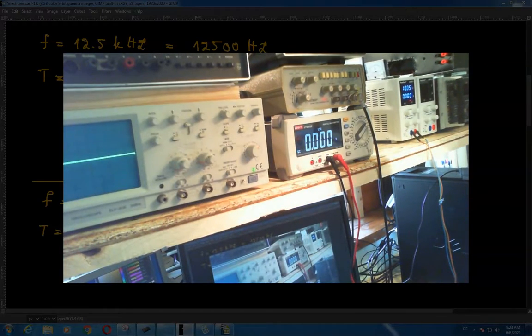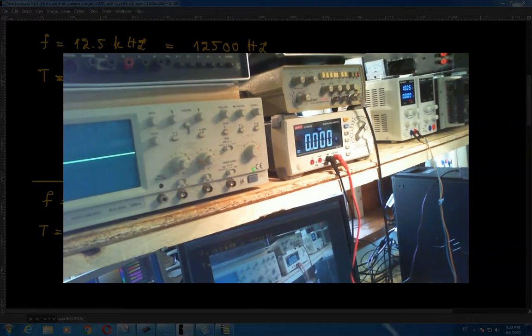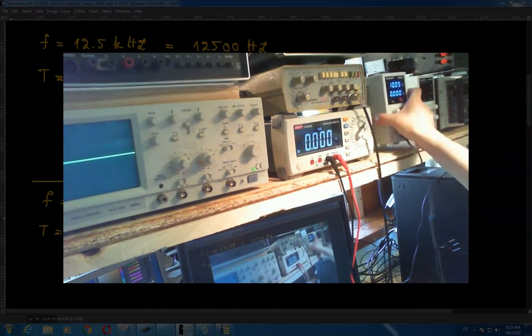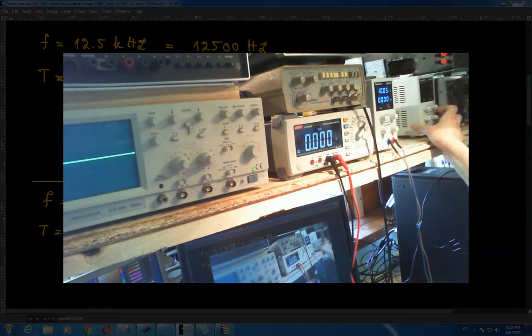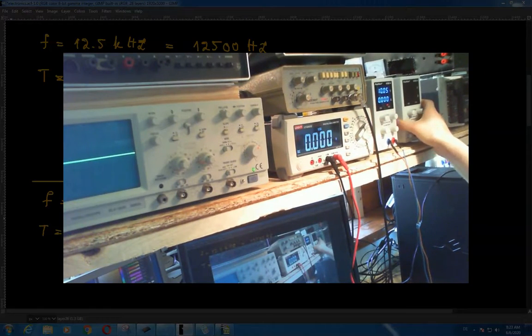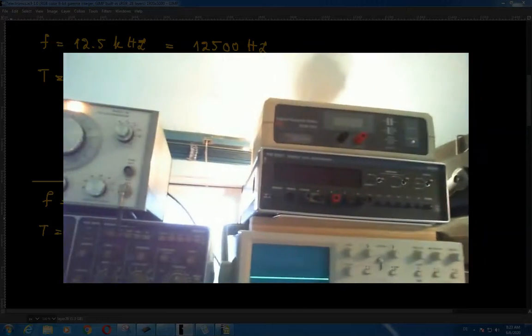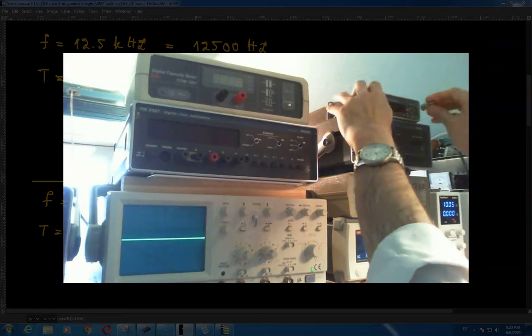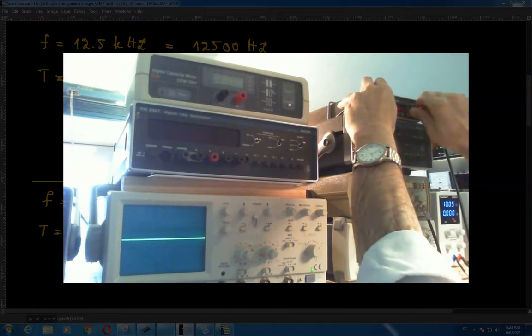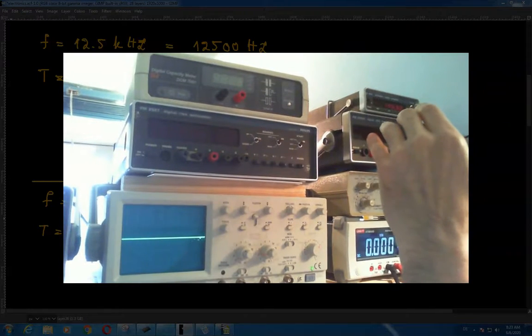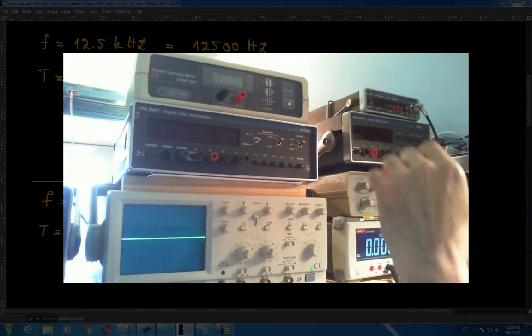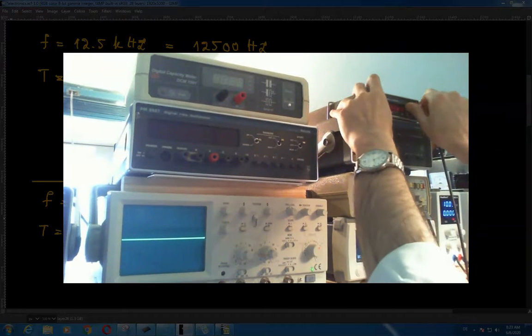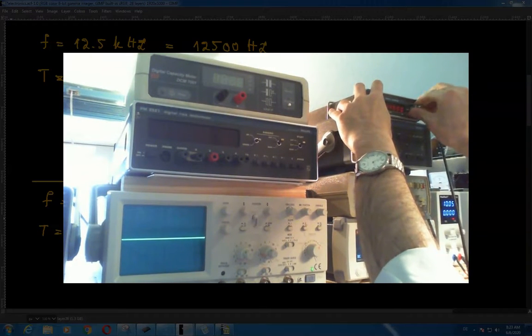Okay. So then again I can connect the signal up here and see what sort of frequency we have on the counter, and the counter tells me that it is 14.5 kilohertz. It's good enough. Well, there is no problem with that.